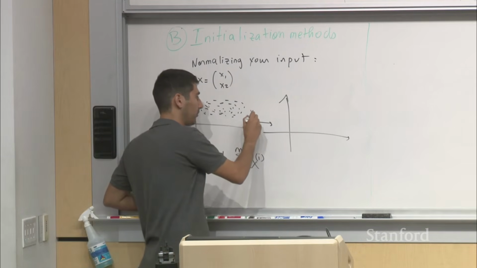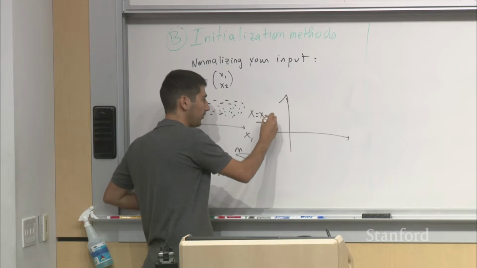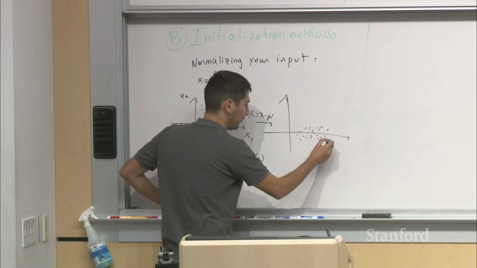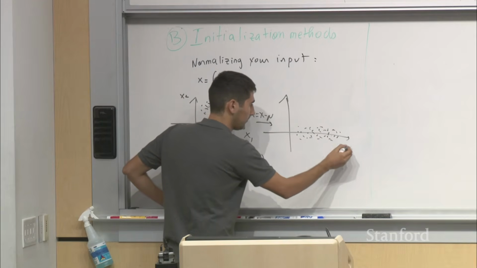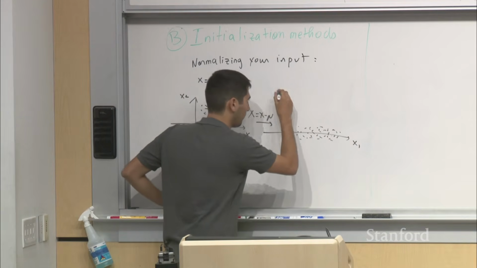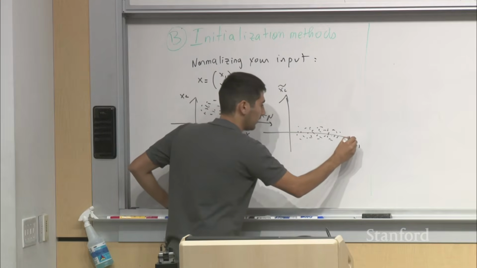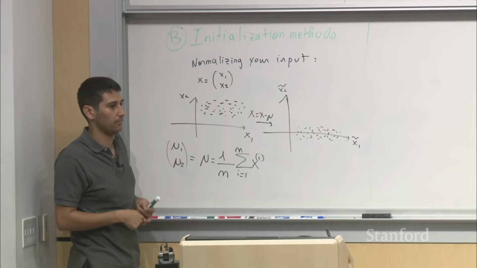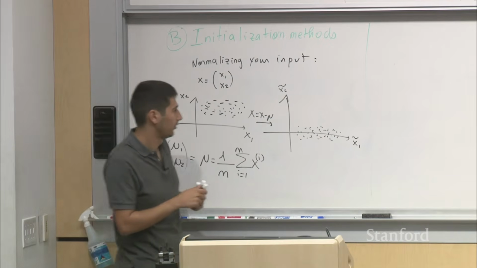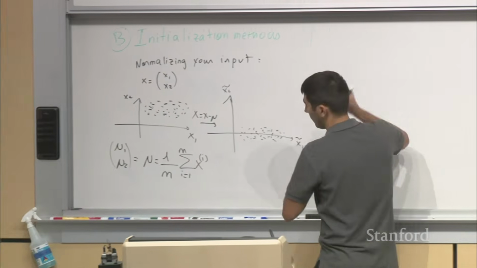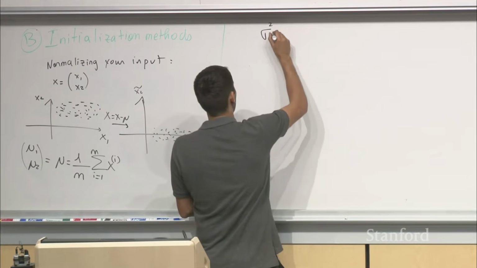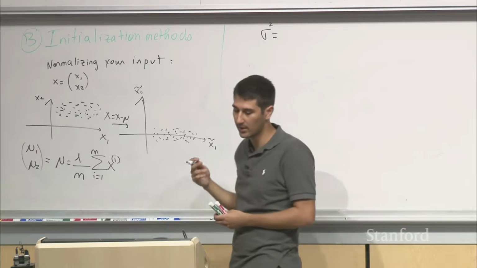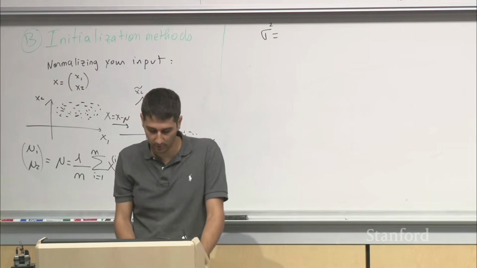You would compute the operation x equals x minus mu, and you would get that type of plot if you replot the transformed data. Let's say x1 tilde, x2 tilde. So here it's a little better, but it's still not good. In order to solve the problem fully, you're going to compute sigma squared, which is basically the standard deviation squared, so the variance of the data.